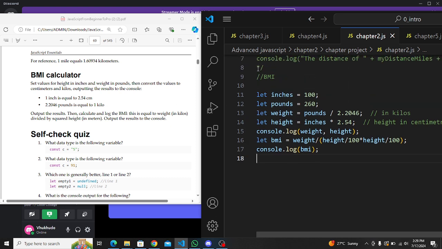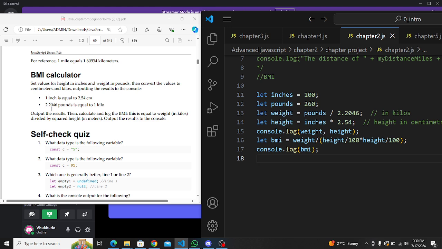Okay. So the BMI calculator, they said state values for height in inches and weight in pounds. Then convert the values to centimeters and kilograms, outputting the results to the console.